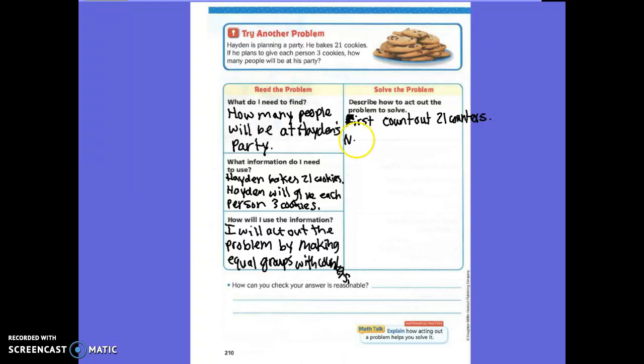So next, make a group of 3. Keep making groups of 3 until all 21 counters are in groups.